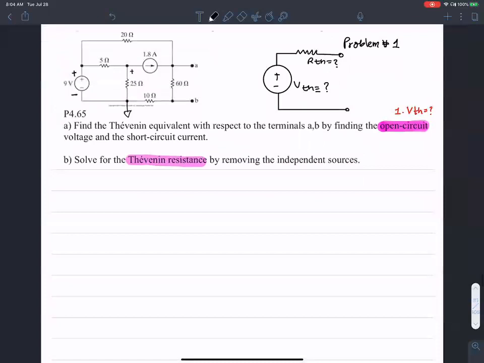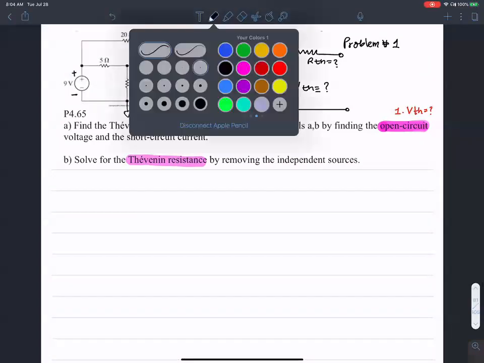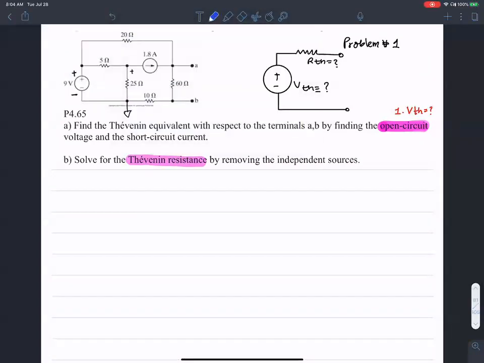Okay, so let's solve this problem just to reinforce the concepts that we looked at yesterday. How do you find V Thevenin? The way to find V Thevenin is to apply the node voltage method.